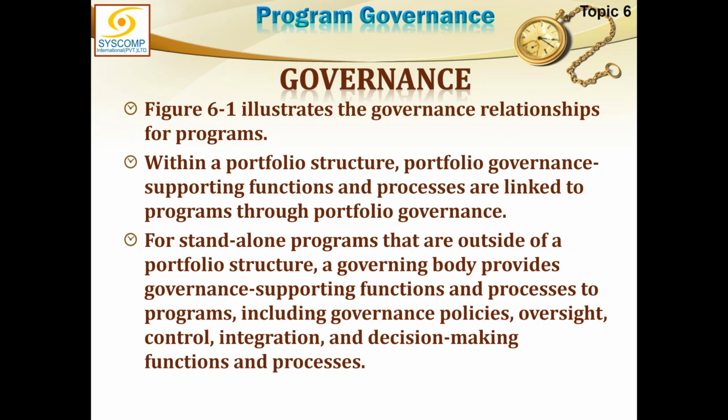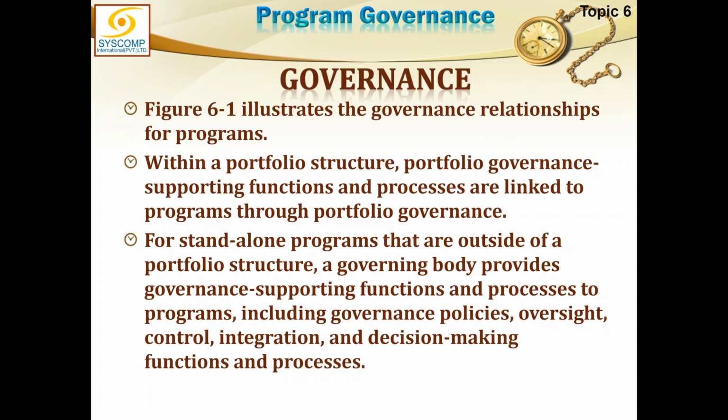A governing body provides governance supporting functions and processes to programs, including governance policies, oversight, control, integration, and decision making. You can note down these points: policies, oversight, control, integration, and decision-making functions. Policies are the guidelines.